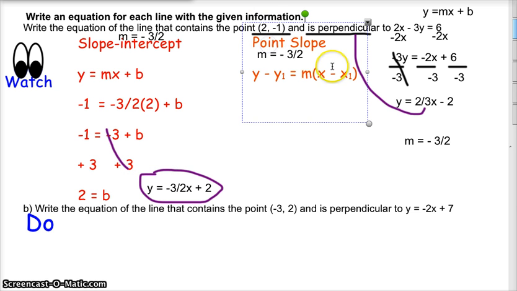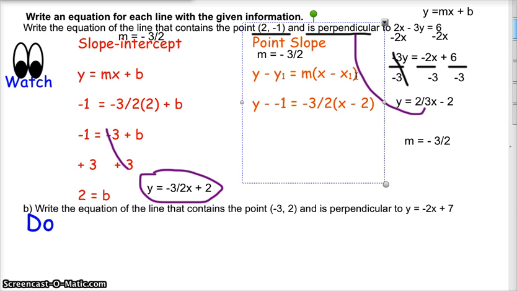If I do point-slope form, you're going to have to be a little bit careful here. y minus, the y value in the ordered pair is -1. Negative 3 halves is my m, x minus 2. Minus a negative is a positive 1. And I'm going to go ahead and distribute.